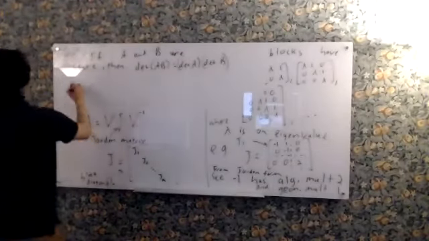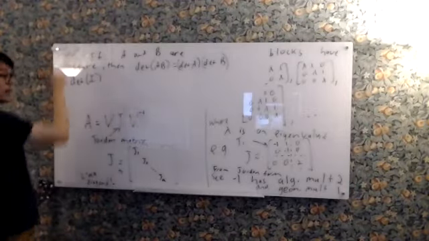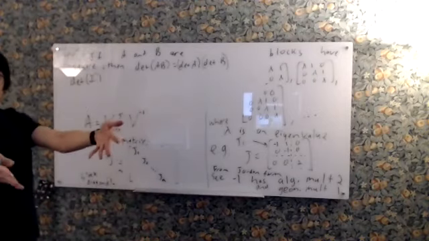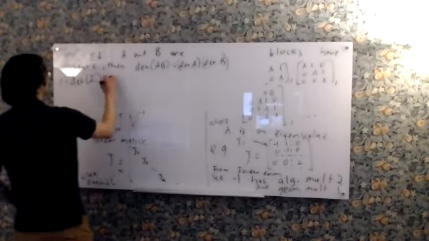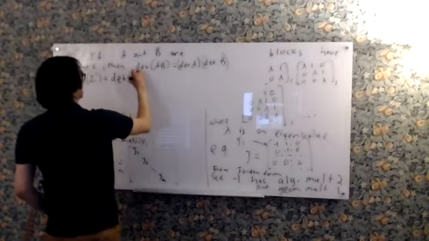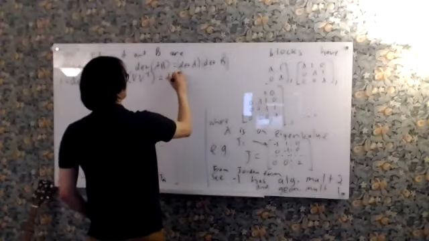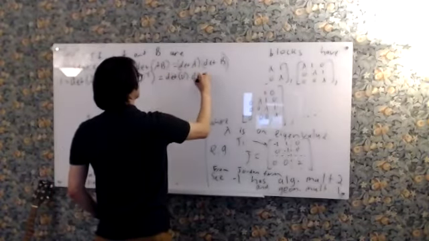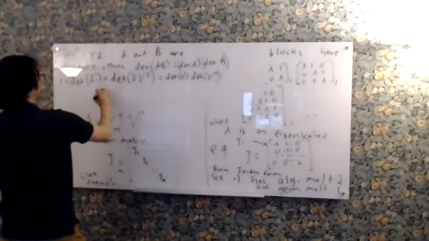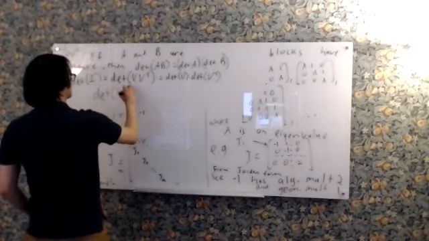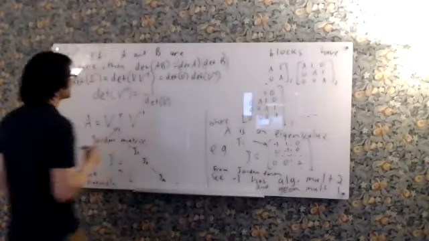For example, the identity has determinant 1, because the determinant is always the product of the eigenvalues, and all of the eigenvalues of the identity matrix are 1. So 1 is equal to det V V inverse. If this is an invertible matrix, we know that det V inverse is equal to 1 over det V. That's kind of neat.